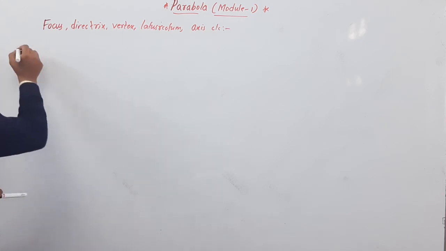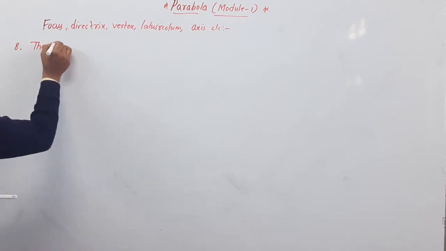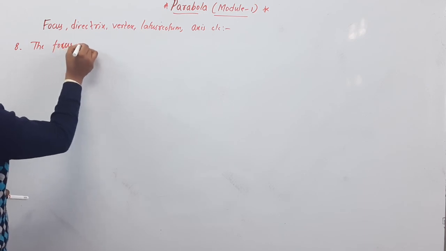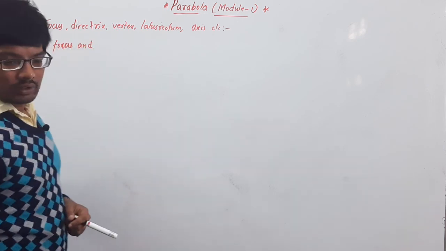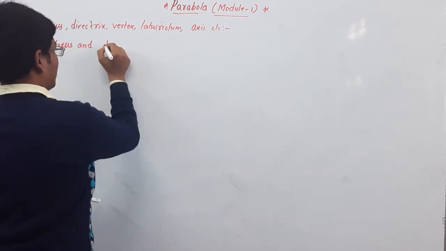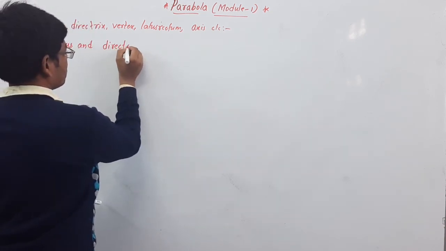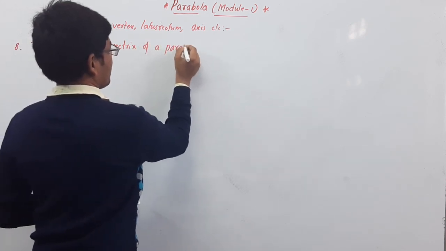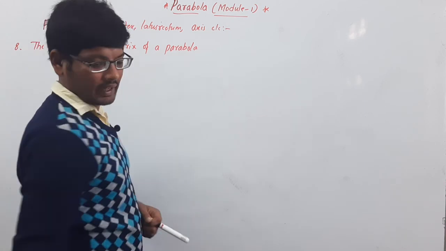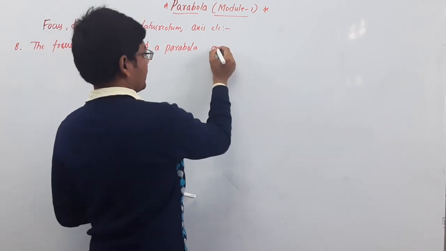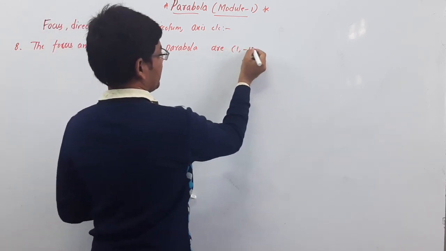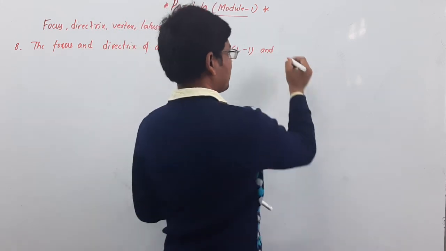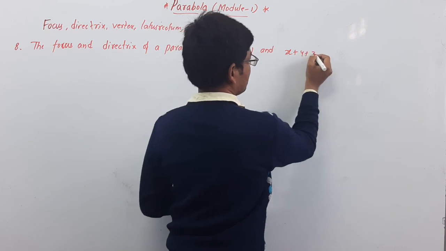here question number 8: the focus and directrix of a parabola are (1, 1), (1, minus 1), and x plus y plus 3 is equal to 0.